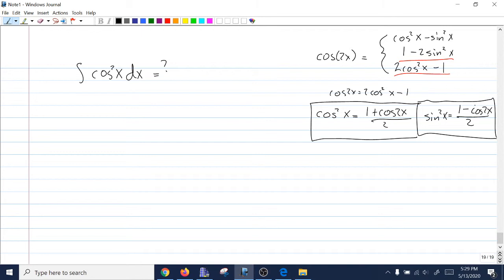I don't know if this is really useful, but when I was an undergrad, I would imagine what cosine squared looks like, and that helped me remember the other half of the formula. Cosine x looks like this, right?